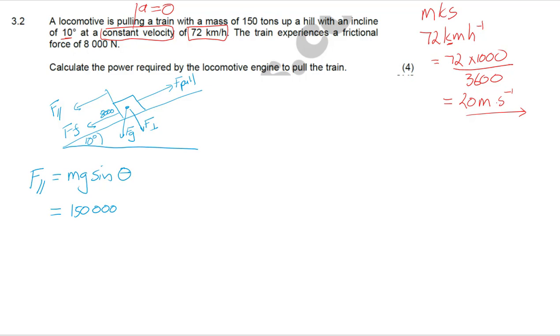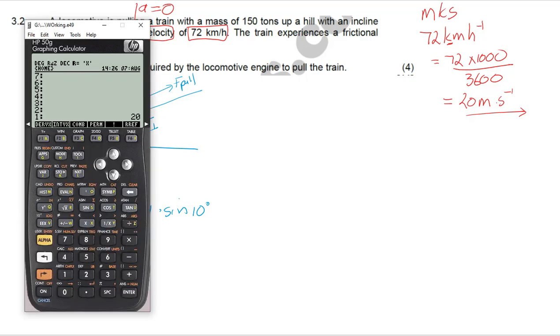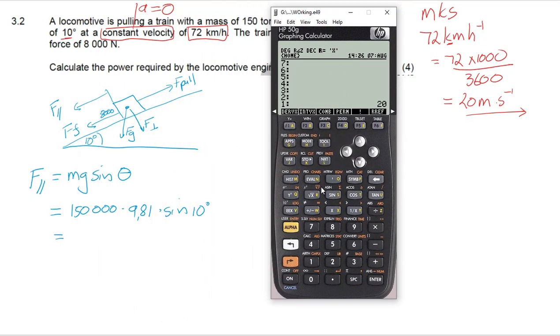Because there's 1,000 kilogram in a ton. Times gravity, 9.81, times the sine of the incline, which is 10 degrees. Let's call up the calculator and punch in those numbers. Make sure your calculator is in degrees. We're not working in radians anymore.